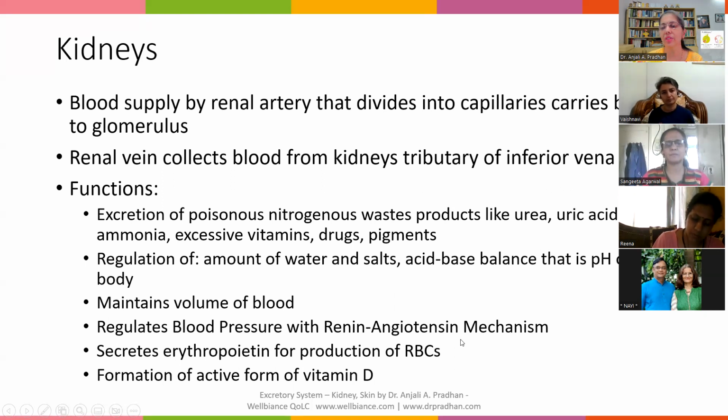I will not go into detail of this. Then it also secretes erythropoietin for production of RBCs and for the formation of the active form of vitamin D. So besides excretion, there are other functions of kidneys.